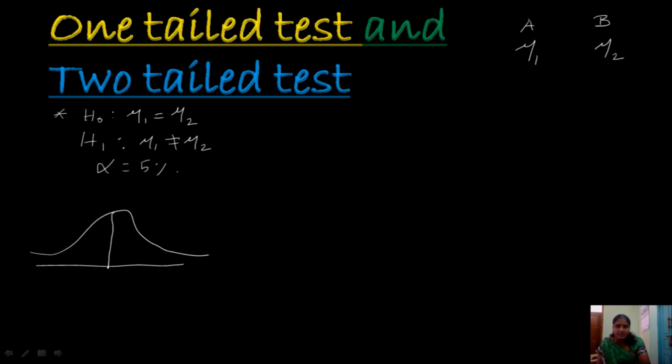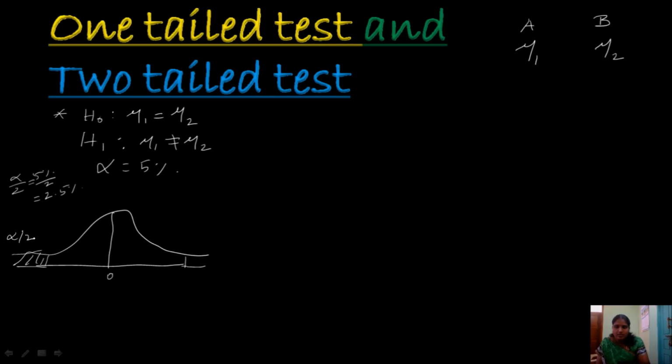Let me show you this by drawing a standard normal curve. It's a bell-shaped curve. If alpha is 5%, definitely the critical region falls in two tails. So alpha by 2 is 5% over 2, which gives 2.5%.